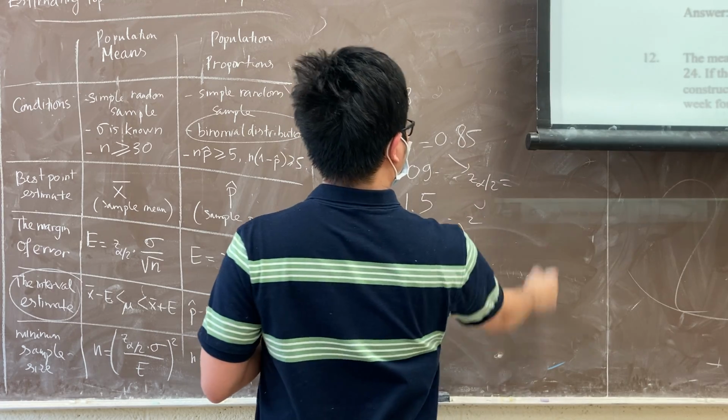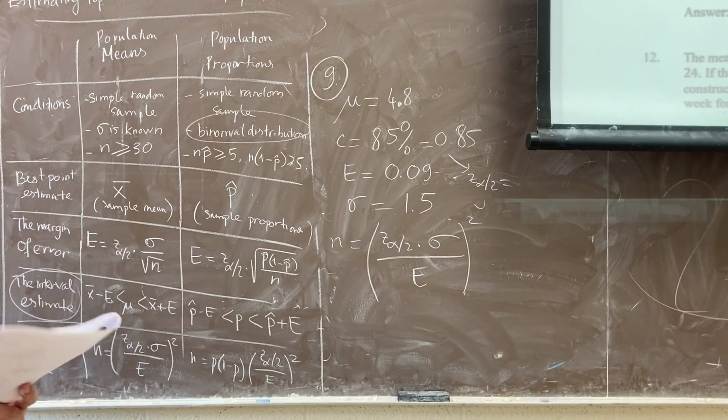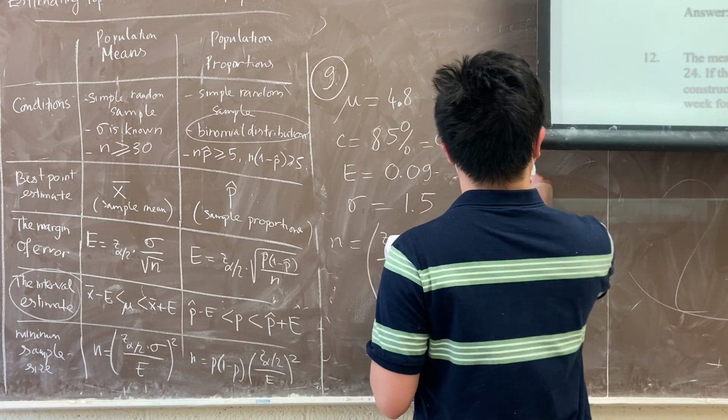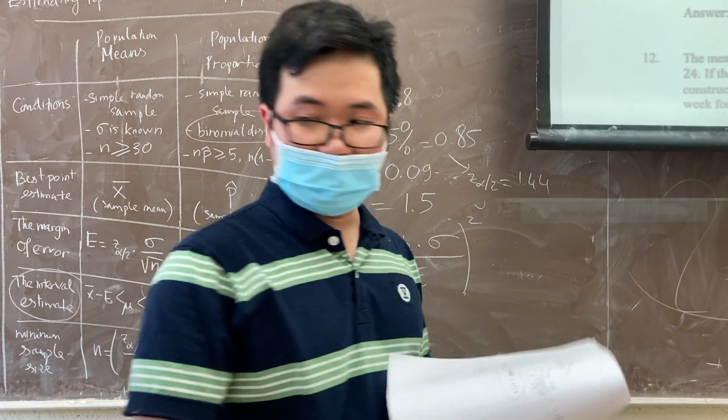So z alpha over 2 here is, okay, Maria, 1.44. Yeah, exactly 1.44. Okay, thank you, Maria.